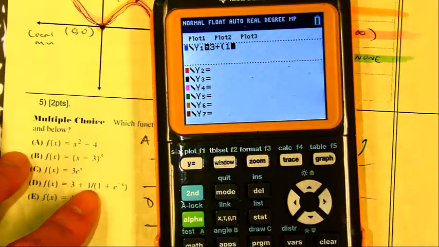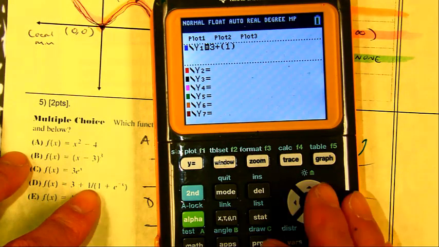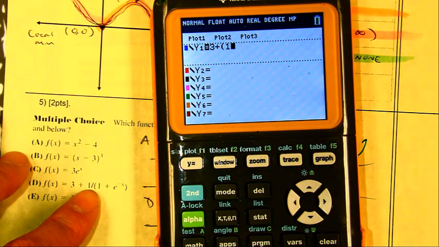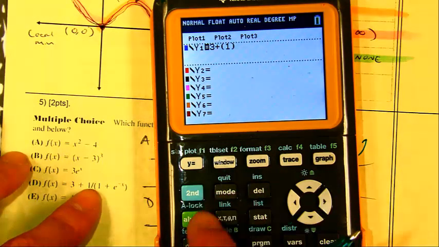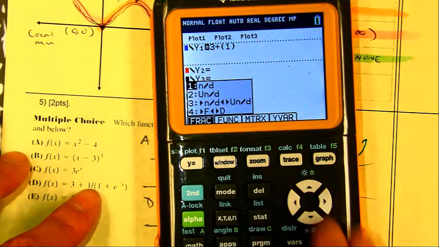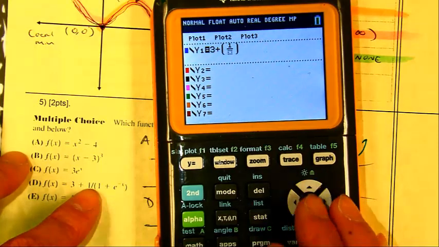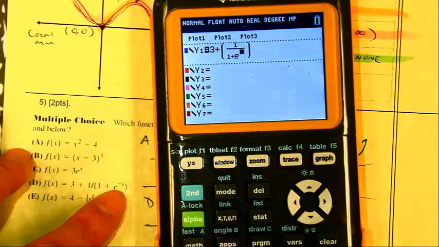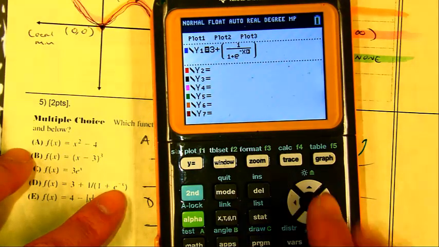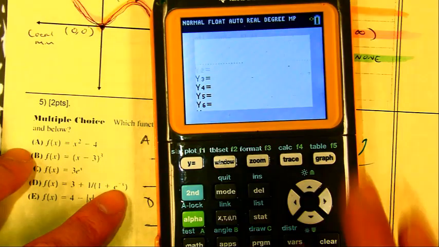Sorry, parentheses. Nope, that's the divide sign. I'm going to use an extra set of parentheses. Yeah, let's go back to the fraction. So I have 1 over, and just press down or left or right to get out of there. 1 plus e to the negative x. You can graph that.